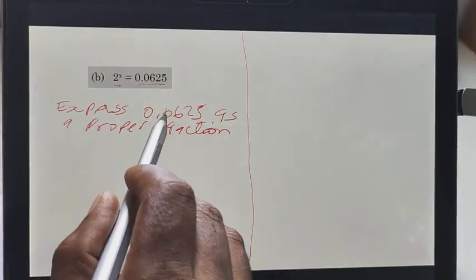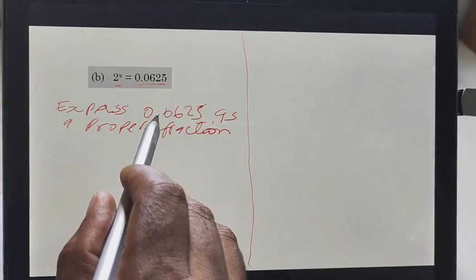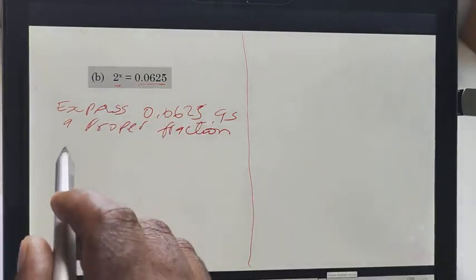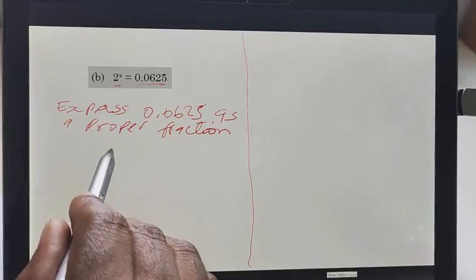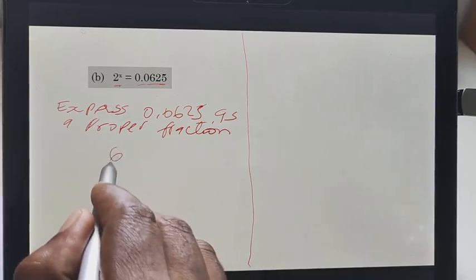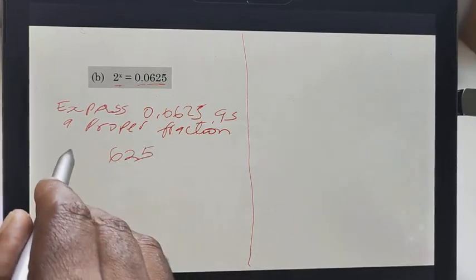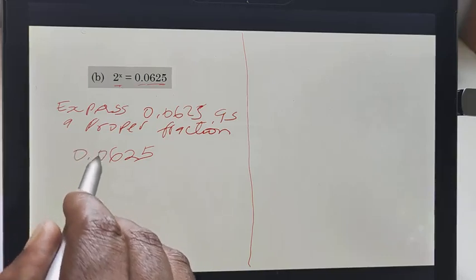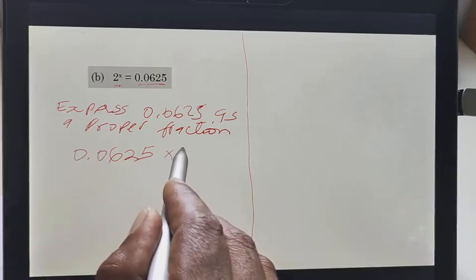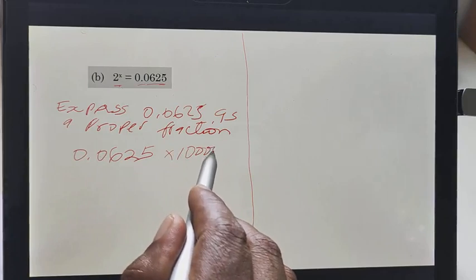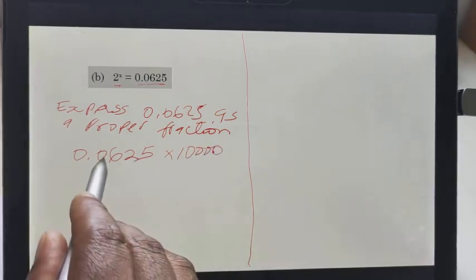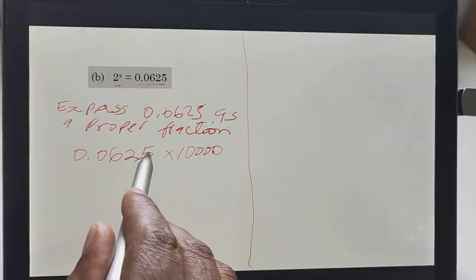You just multiply it by 10,000. You find out that you have 625. Okay, 0.0625, you multiply this one by 10,000. 1, 2, 3, 4: 4 zeros.